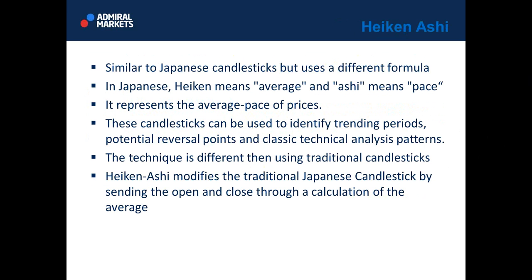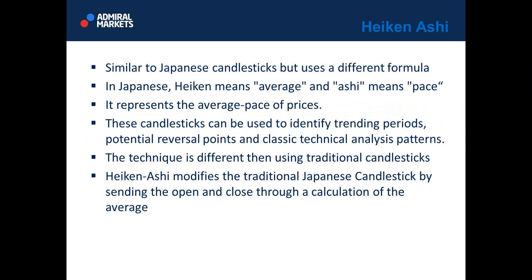Usually Heiken Ashi candlesticks show you the momentum and also mark the beginning of a breakout trade or the beginning of a new trend. So these candlesticks can be used to identify trending periods, potential reversal points, and classic technical analysis patterns.